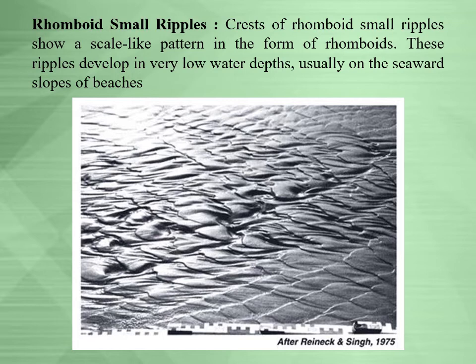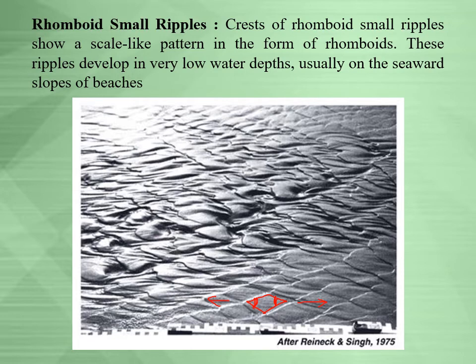They are characterized by a reticular arrangement of diamond shaped tongues, and each tongue has two acute angles, this one and this one, one acute angle pointing in the upcurrent direction and another acute angle pointing in the downcurrent direction.